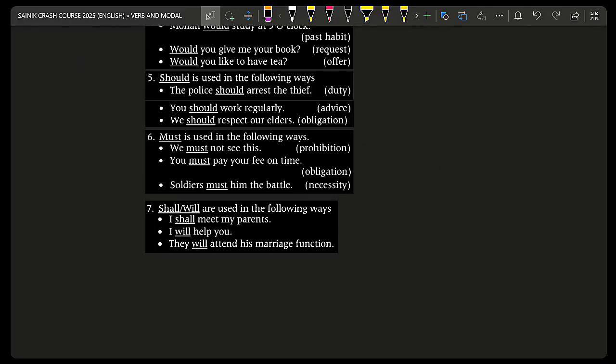So next, a list of some verbs, forms of verbs. That's V1, V2, V3. Very, very important. So all of you must practice them. First form of the verb, second form of the verb, and third form of the verb. I'm going to give some examples and you must remember.